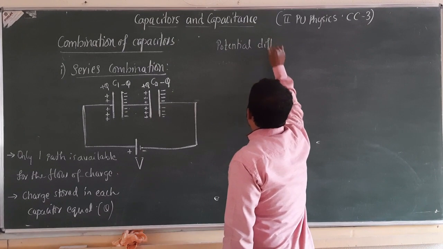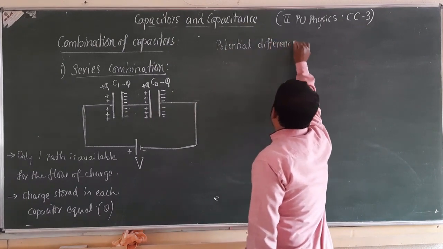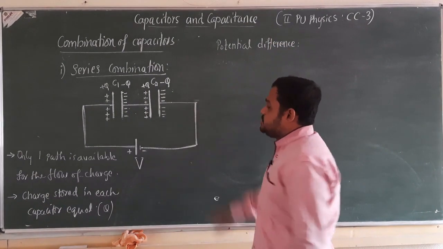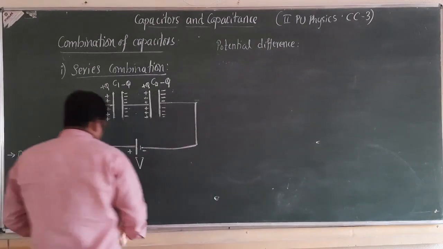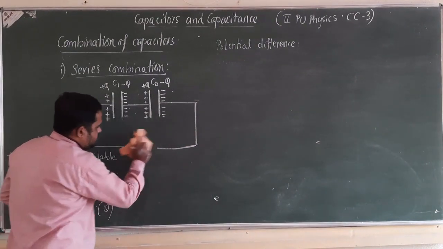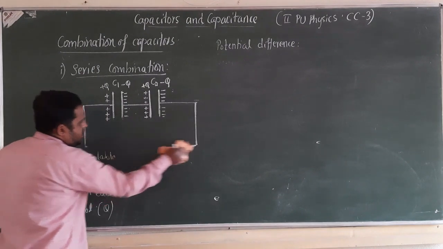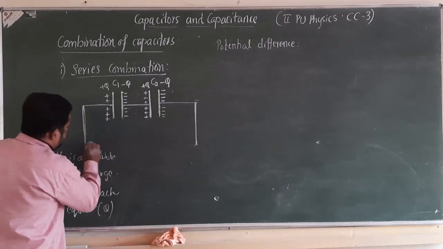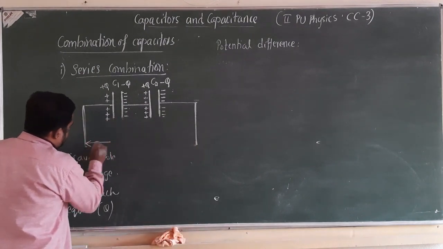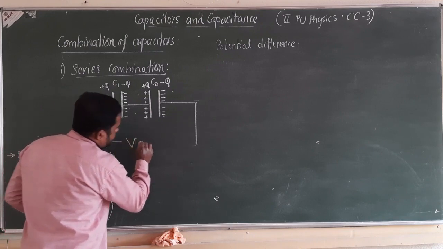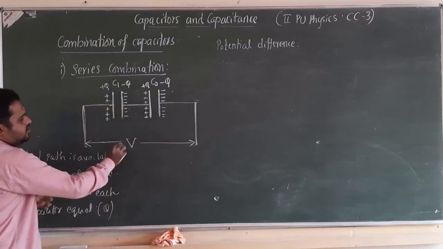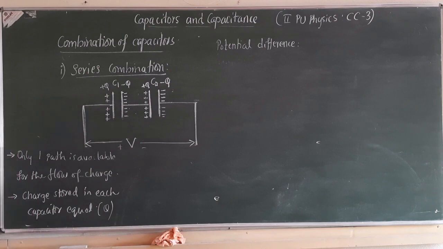What is the potential difference across each capacitor? Let us remove this battery. Instead of representing the battery, let us represent the potential difference here. Okay, potential difference V. Now this represents the battery itself with the plus and minus. Okay, V.